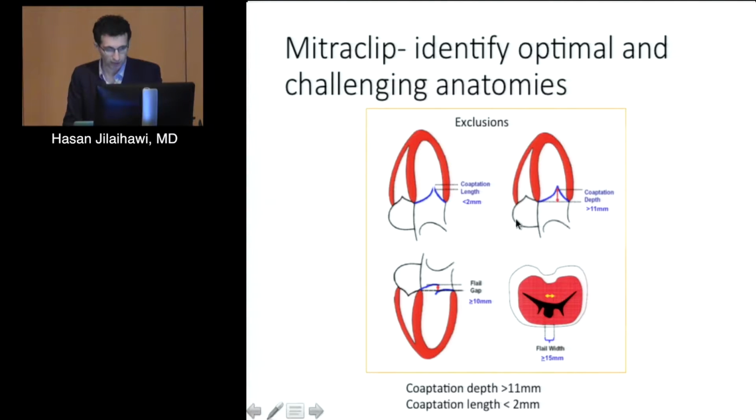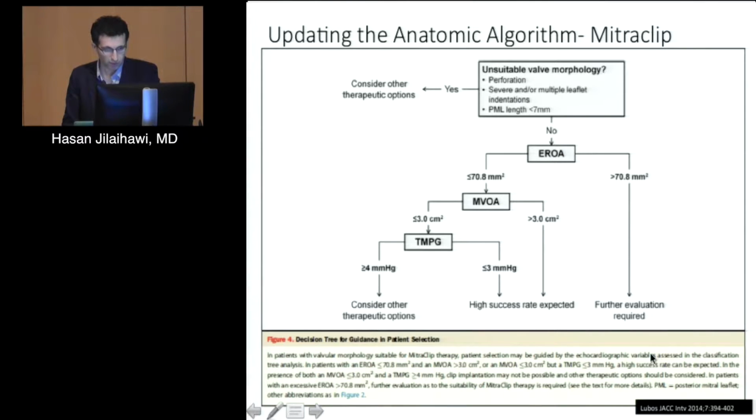This is a historical slide for MitraClip anatomy, identifying optimal and challenging anatomies, but we can look at all these measurements on CT. One of the earlier speakers showed some of the other data from this paper, but they also looked at unsuitable anatomy, and these included perforation, severe or multiple leaflet indentations, or a posterior mitral valve leaflet length of less than 7 millimeters.